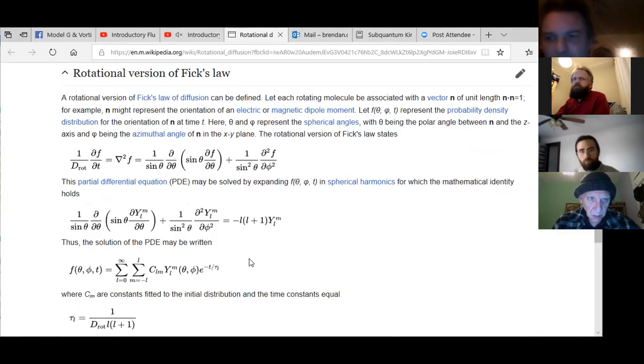I was writing up a document at the moment. I can send it out to people when I've finished, looking at these different ideas and trying to investigate it further to see if I can find something that makes sense.